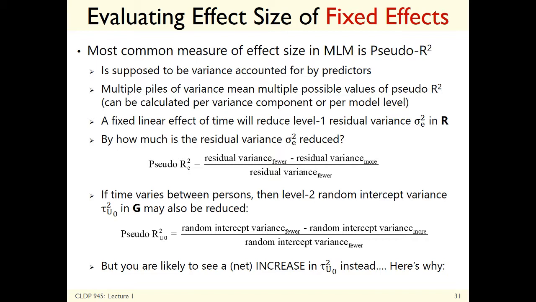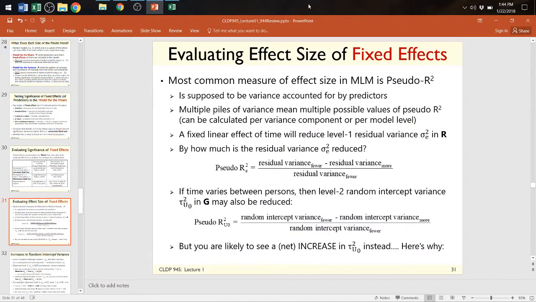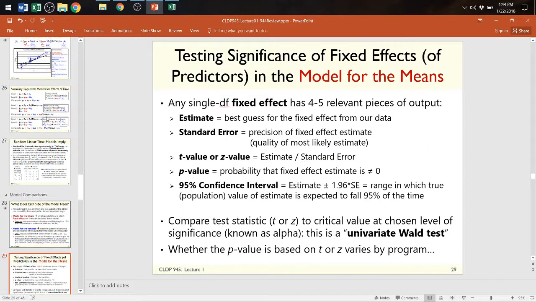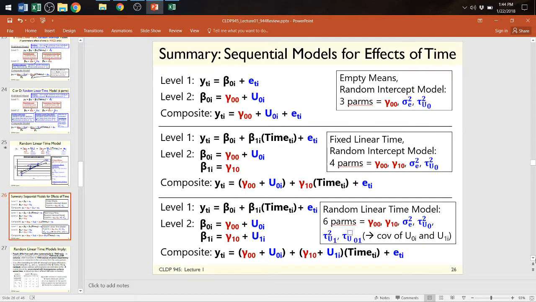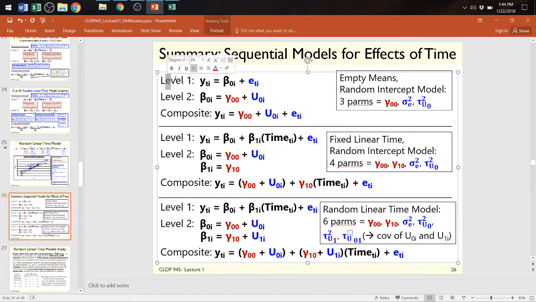So for instance, if I back up a minute here and I go to these models again, if I'm in this first model right here and I start plugging in predictors and looking at their fixed effects, how many possible R-square values would I have if I'm using Pseudo R Square?